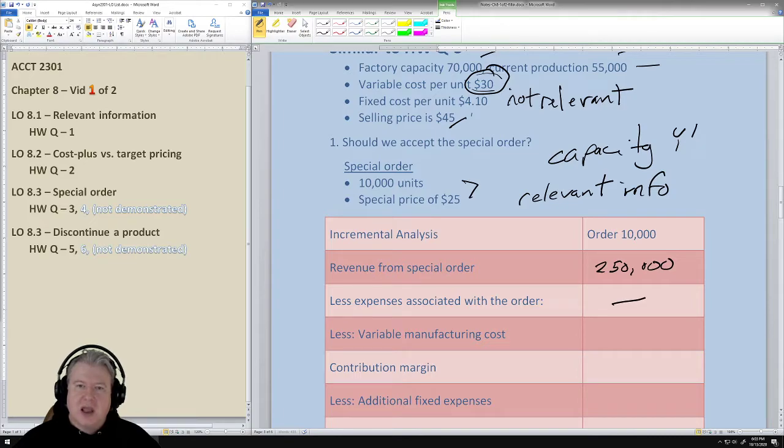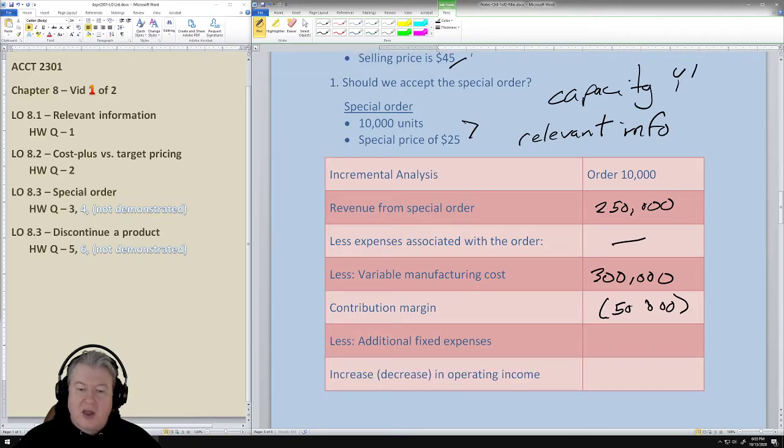Now, what would the variable costs be? Well, variable costs are 30 per unit times 10,000 units. So this would be minus 300,000. So we would lose 50,000. And are there any other fixed expenses? No, so the total loss would be 50,000.